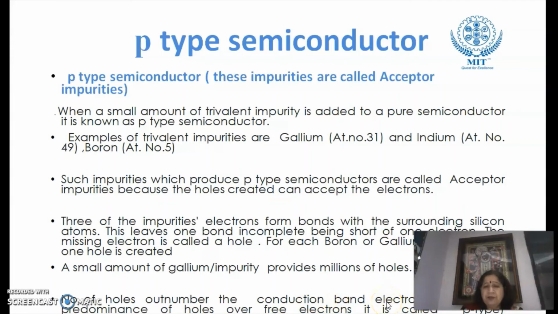Because holes and electrons are also created in a p-type semiconductor by the breaking of covalent bonds, but the number of holes far exceeds the number of electrons. We can say there will be a predominance of holes in a p-type semiconductor compared to electrons. Hence it is called a p-type semiconductor, where P stands for positive.